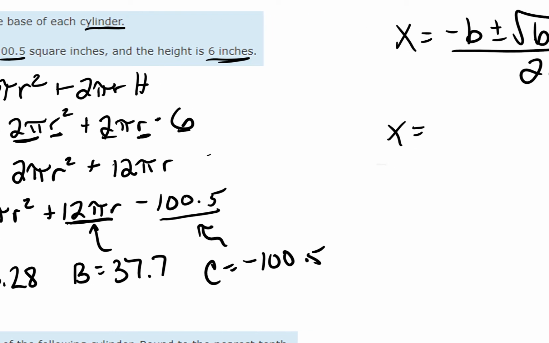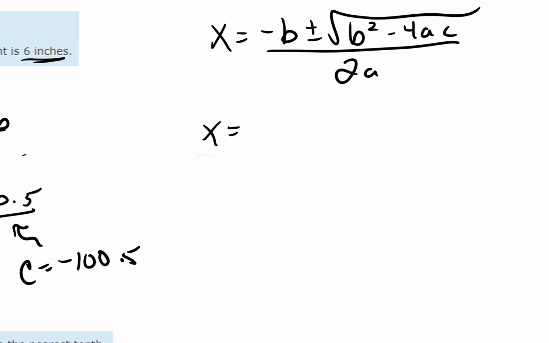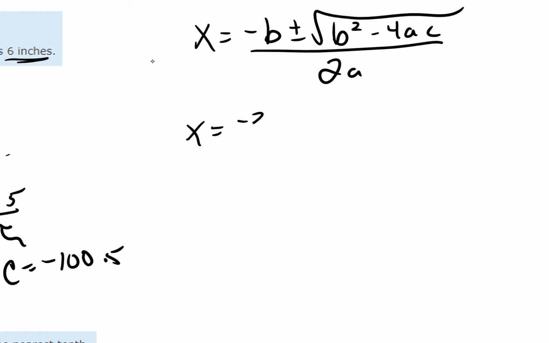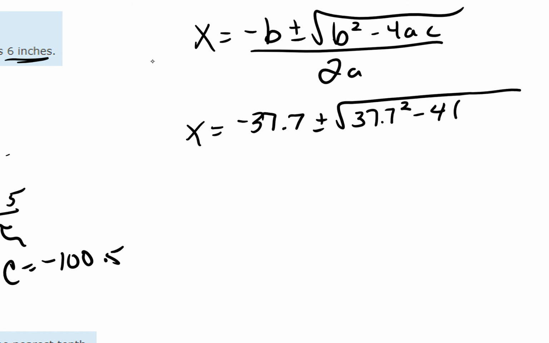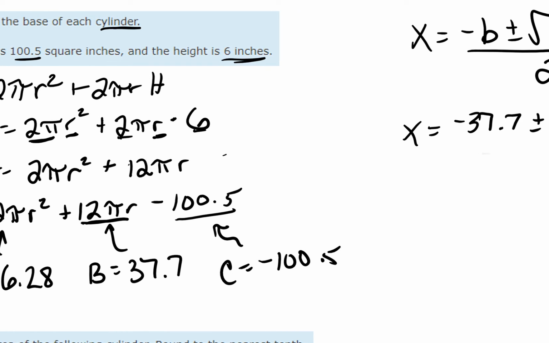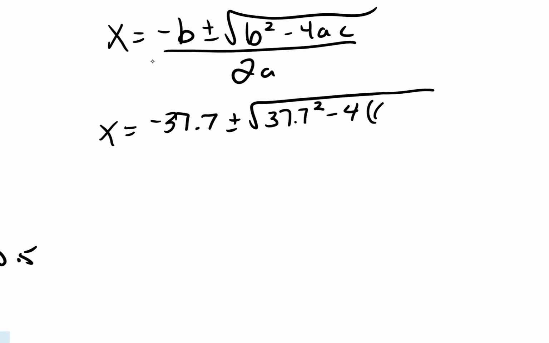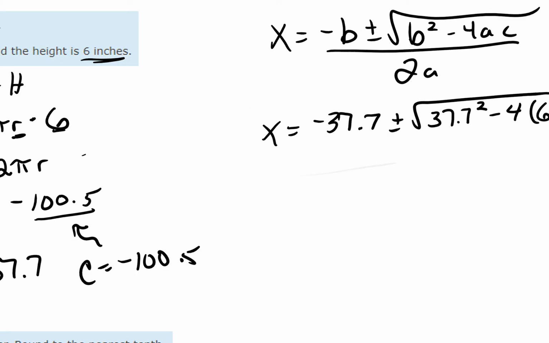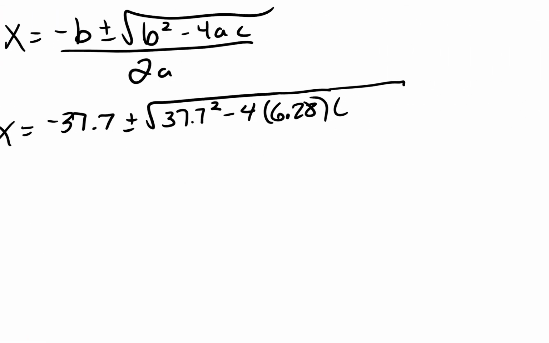Opposite of b, that'd be negative 37.7, plus or minus the square root of 37.7 squared minus 4 times a, which was 6.28, times c, which was negative 100.5.